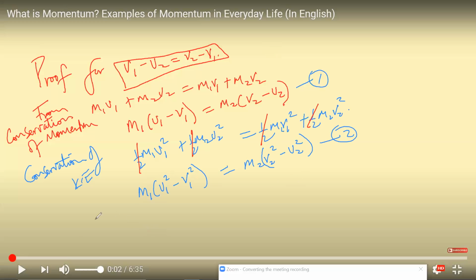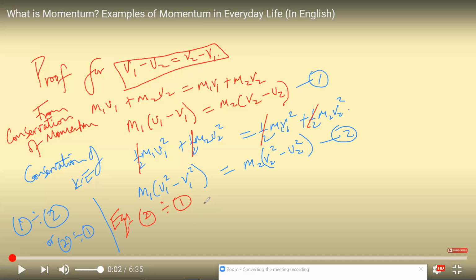Now, you can divide equation 1 by 2, or you can divide 2 by 1. The choice is yours. So, let's have 2 divided by equation 1. Hope that you're following.